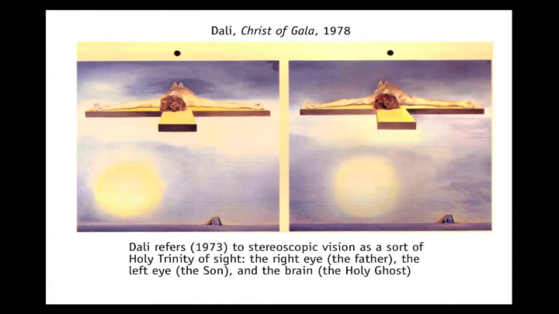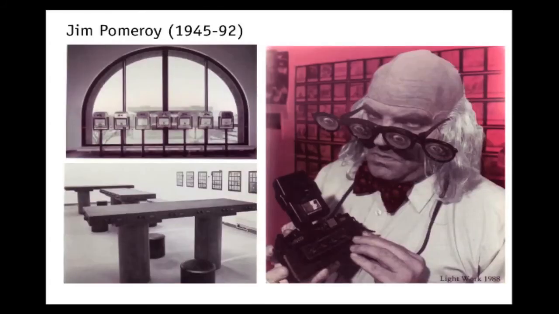Dali said that the right eye corresponds with the Father, the left eye with the Son, and the brain with the Holy Ghost, which is a strange way of linking stereoscopy with a certain kind of metaphysical Catholic worldview. But perhaps something about that can be found in this a little bit later painting as well.